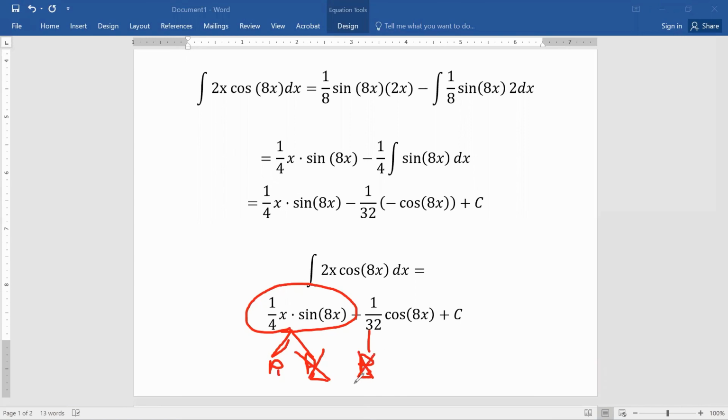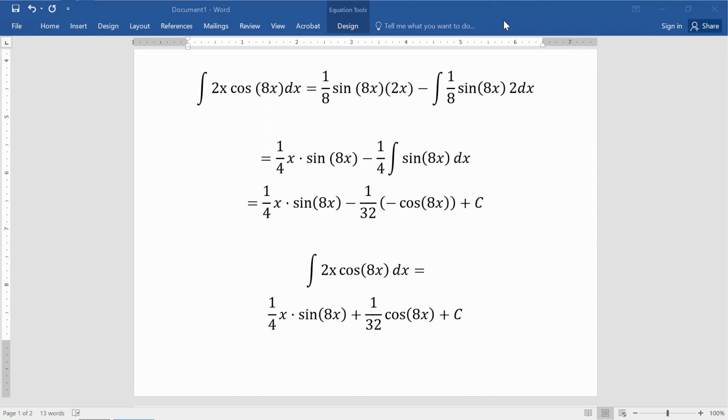And then the constant would just give you 0. And one of these pieces, let's call it P2, would cancel out with the P3. And then this remaining piece would be the 2x times cosine 8x. I know that's a lot, but that's what's going on. So this is how you do integration by parts when you have a polynomial times either a trig function or a polynomial times an exponential function.